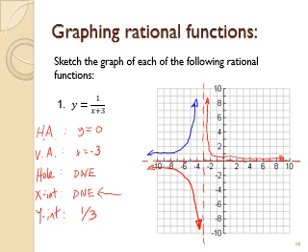For example, let's plug in -4. If you plug in -4, you can see that you're going to get a negative number. And if you have a negative y-coordinate, then your graph should be going down.